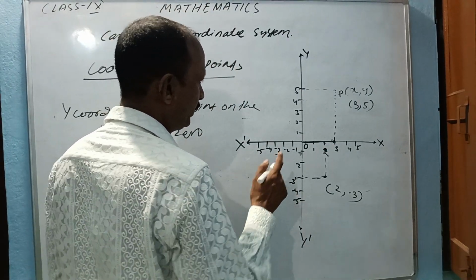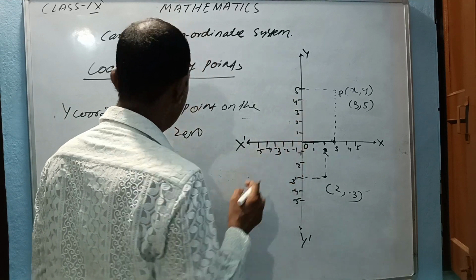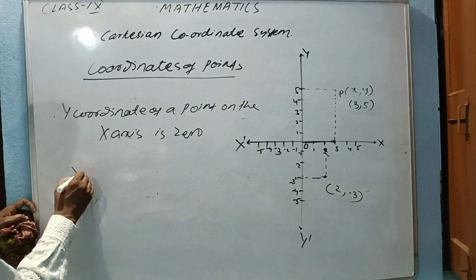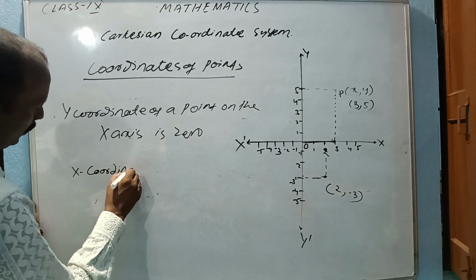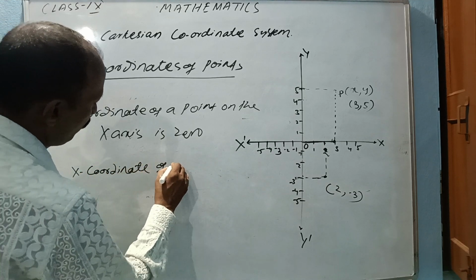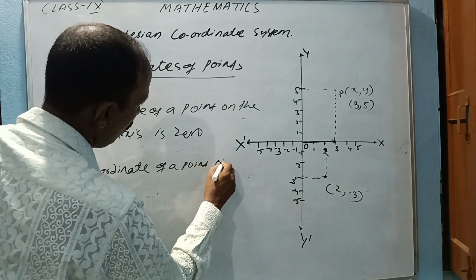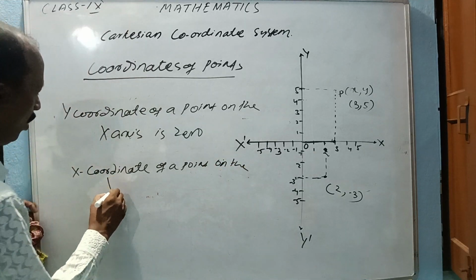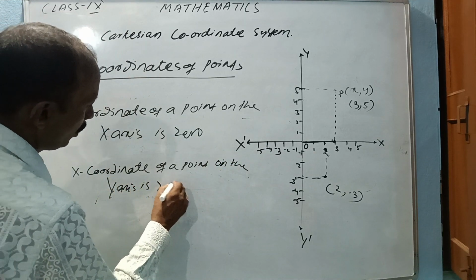Similarly, if I take any point on the y axis, its x coordinate will be 0. So I can say that the x coordinate of a point on the y-axis is 0.